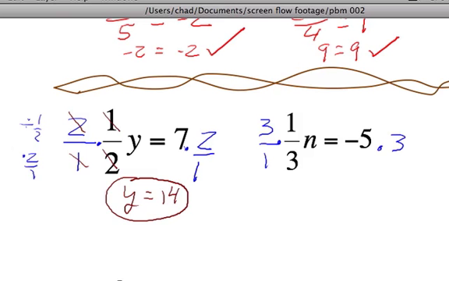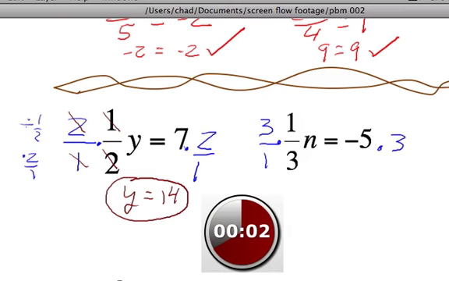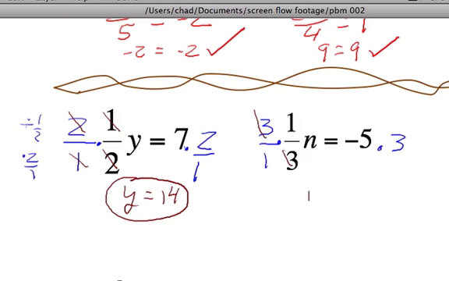Now I'd like you to try it on the right. Simplify and get your final answer. Okay, these 3's canceled, and we're left with n. And the negative 5 times 3 is negative 15. This should be your final answer. Now to check our answer, we're going to streamline the process a little bit.